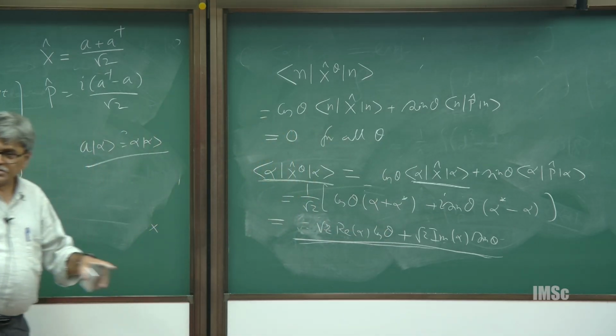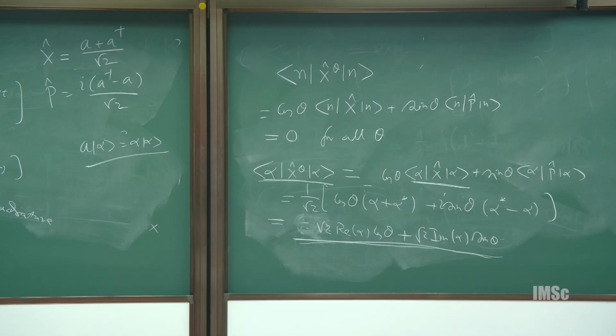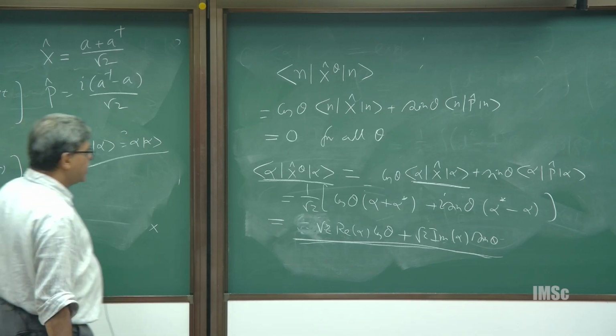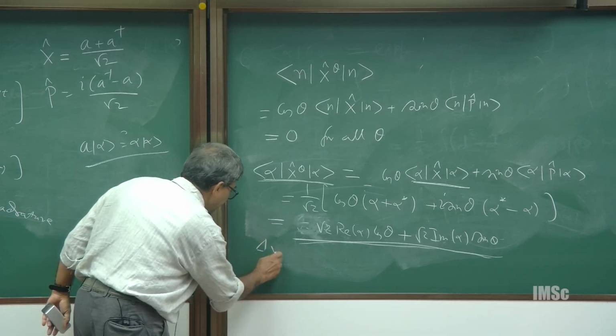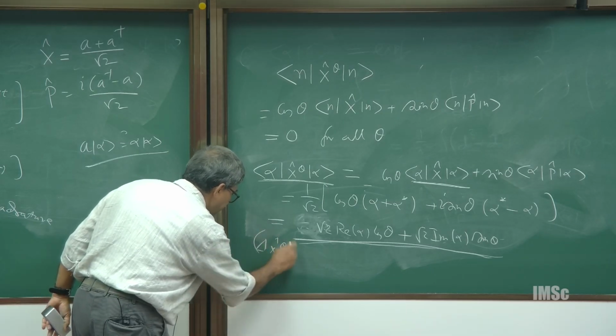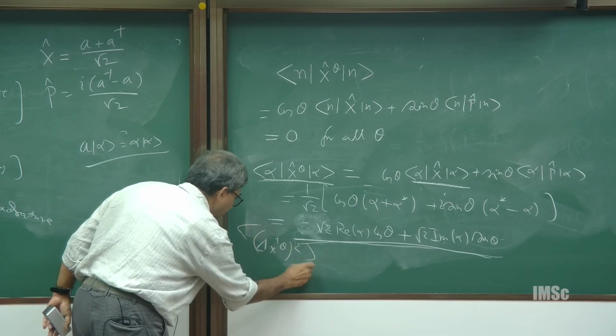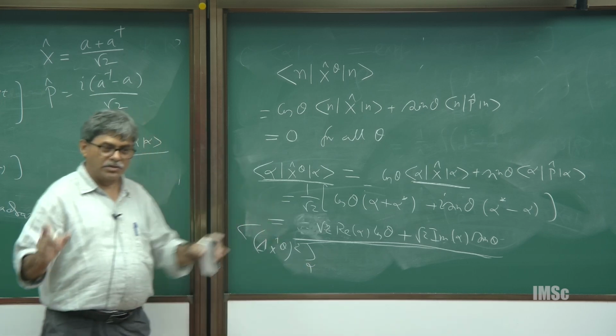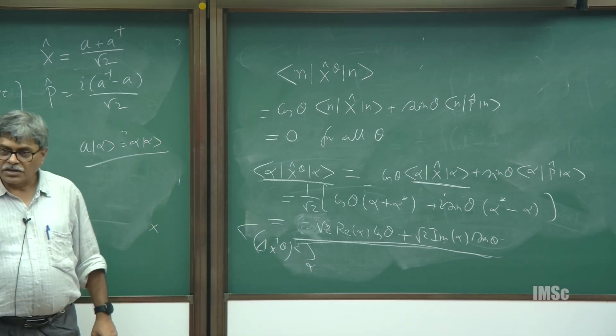So, in other words, for this average quadrature observable with respect to coherent states, one more thing we can show is that if I look at the variance of x theta with respect to alpha, this will also be very small, okay, right.